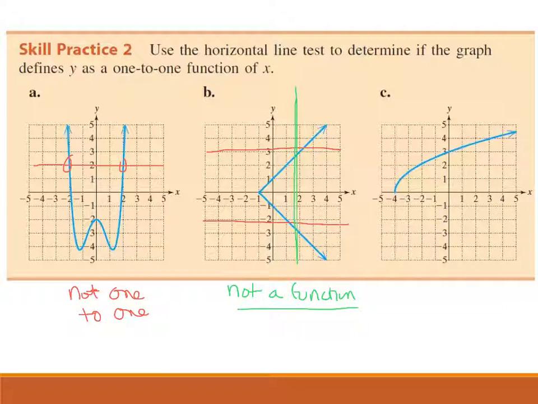Because it's not a function, we don't perform a horizontal test. Then we do the last one. And sure enough, this meets the horizontal line test, and of course the vertical line test. So this function is one-to-one.